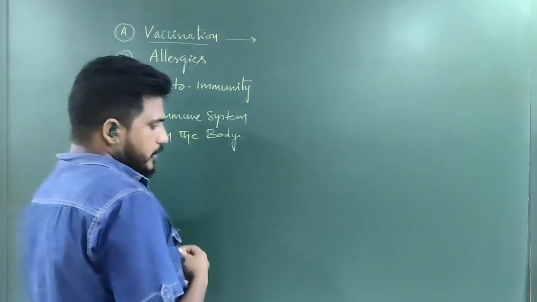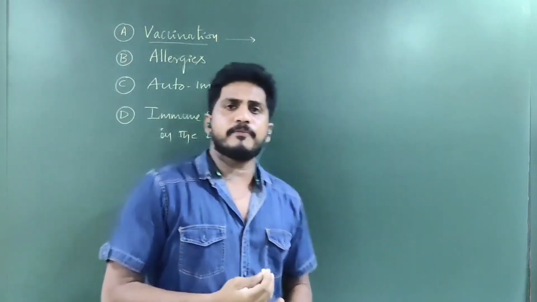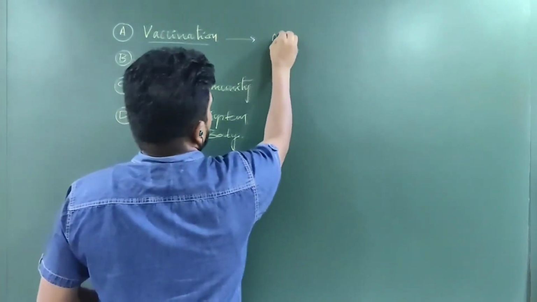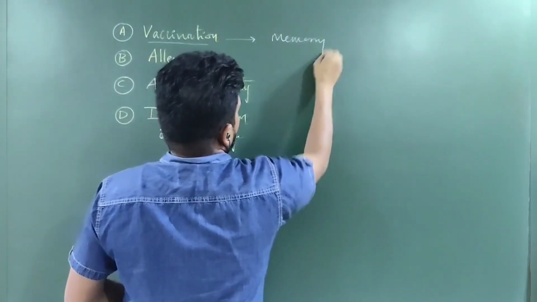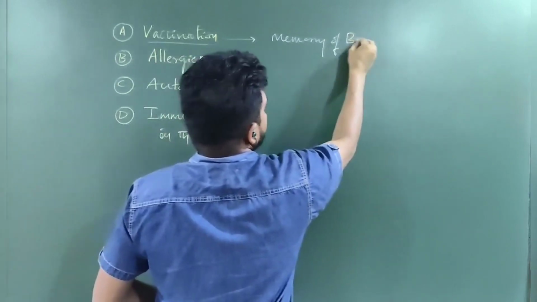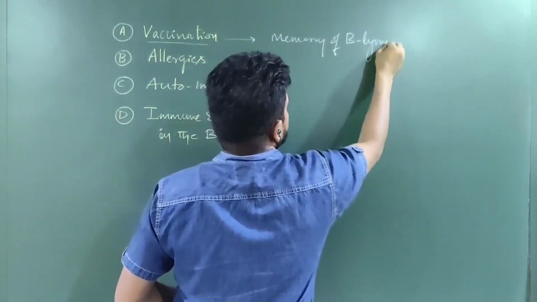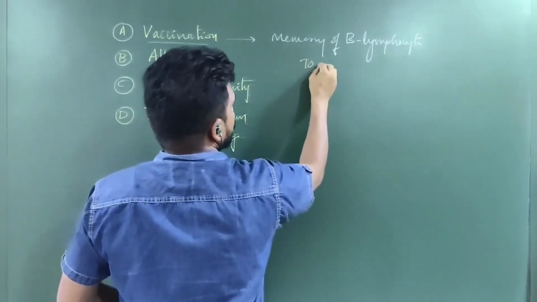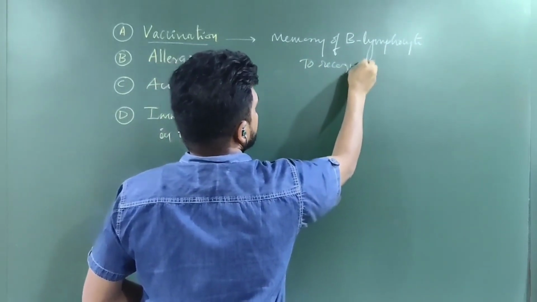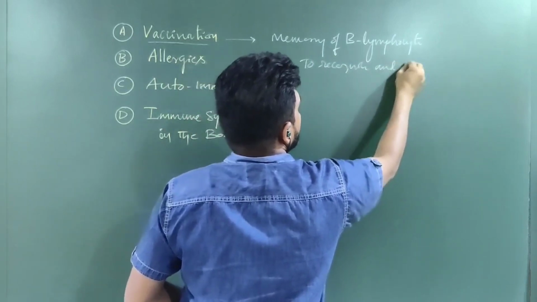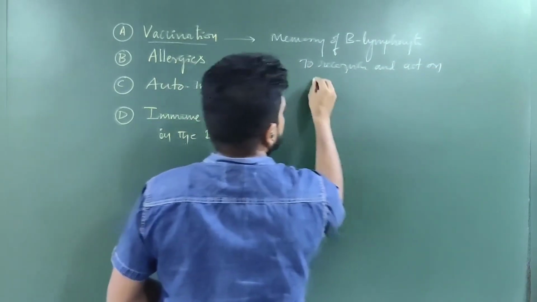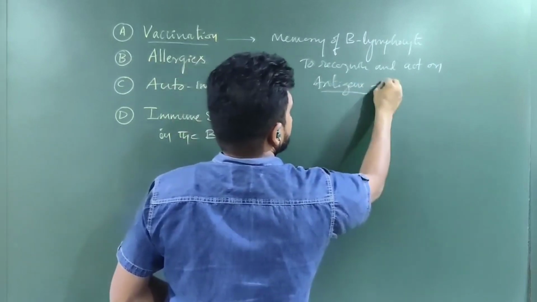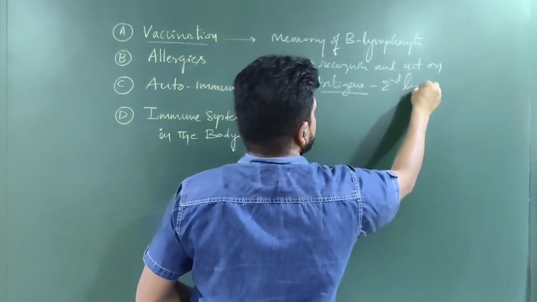It is absolutely a kind of immune system memory, or memory of B lymphocytes, to recognize and act on antigens the second time.